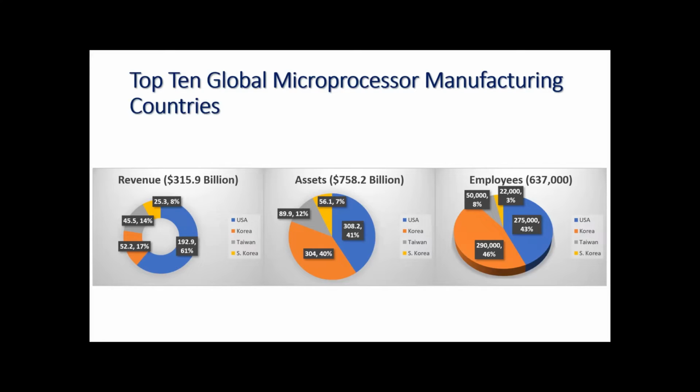So you can see that in this market, the most efficient player is the USA. Why? Because their revenue is around $200 billion, but assets deployed are only $300 billion. Compared to that, the Koreans have deployed $304 billion and get revenue of $52 billion.